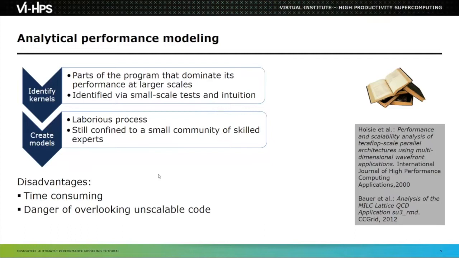However, that process is quite laborious, and of course you need an expert, because you need to know the program and you need to know how to do this testing and find the bottlenecks. It's also really time consuming, and if you have a large program code, it's easy to overlook a small part of the code and miss a bottleneck.